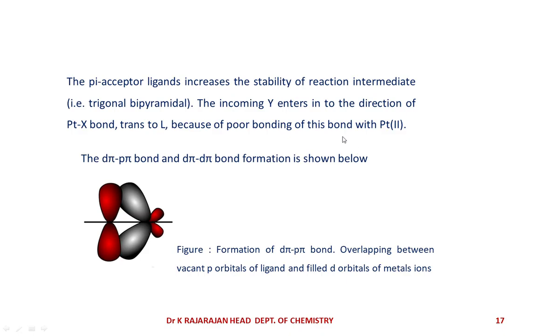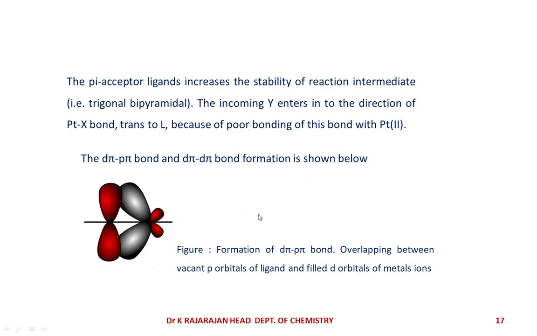The pi acceptor ligands increase the stability of the reaction intermediate, that is trigonal bipyramidal. The incoming Y enters in the direction of the platinum-X bond trans to L because of poor bonding of this bond with the platinum 2. The d pi-p pi bond and d pi-d pi bond formation is shown below.